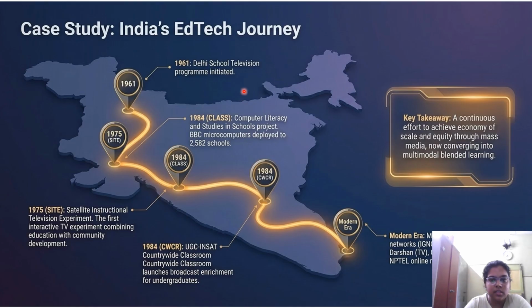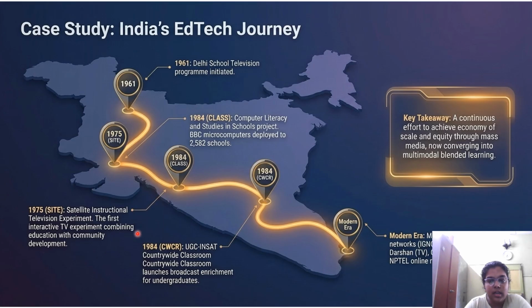Now here is a case study of India's EdTech journey. First, in 1961, the Delhi School Television Program was initiated. Then in 1975, the Satellite Instructional Television Experiment, the first interactive TV experiment, combined education with community development.